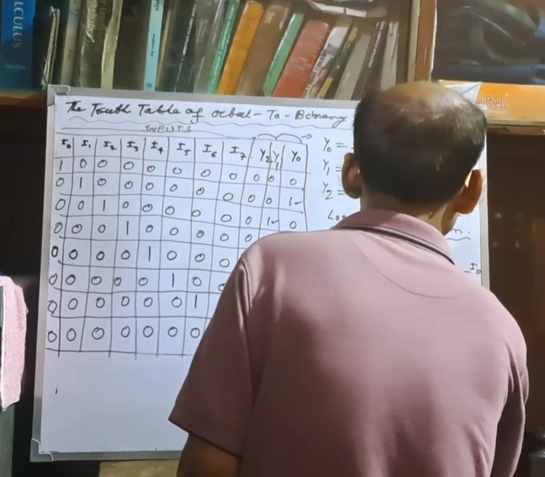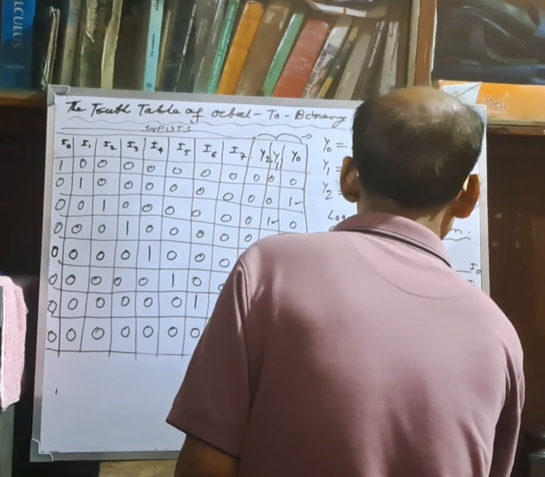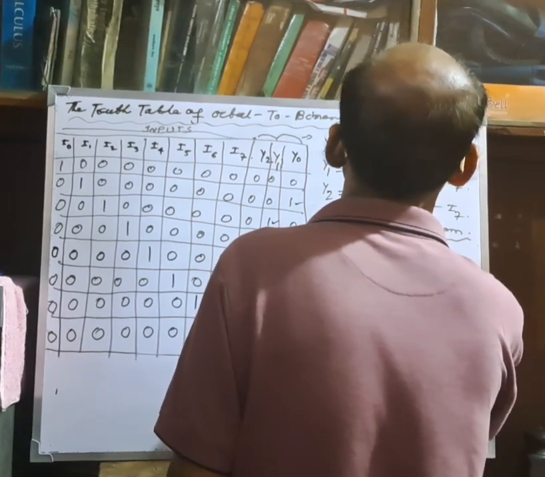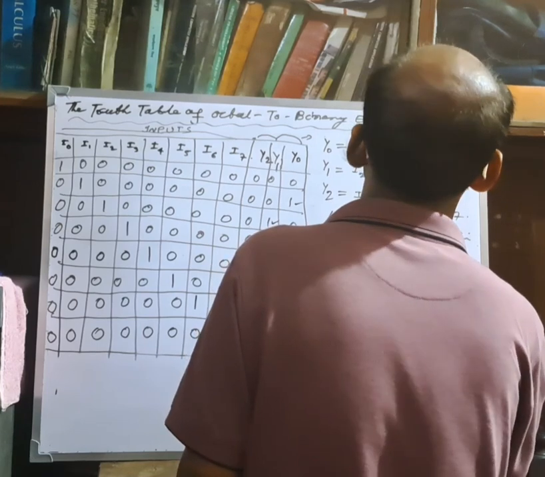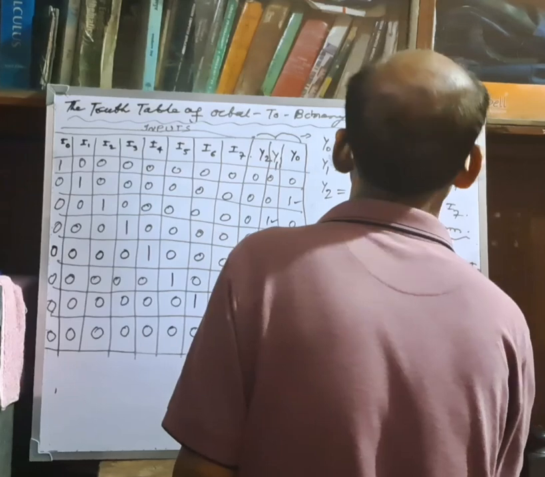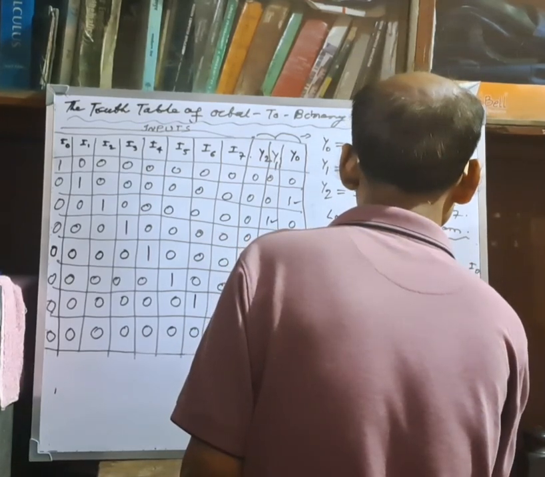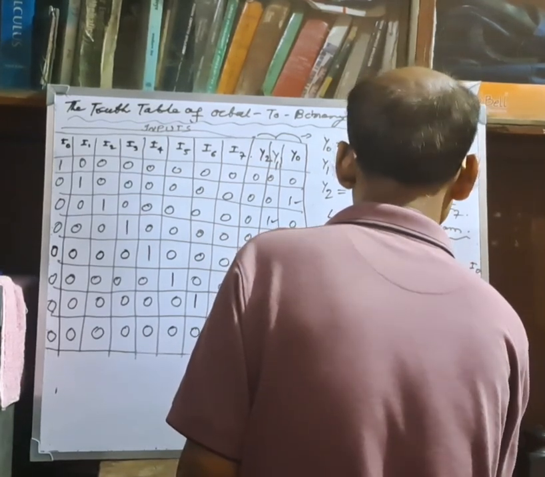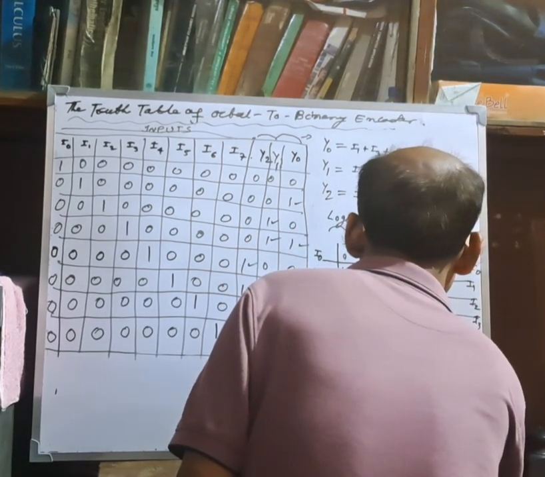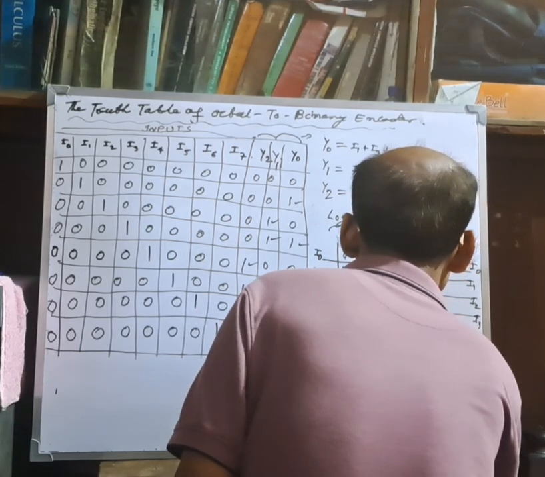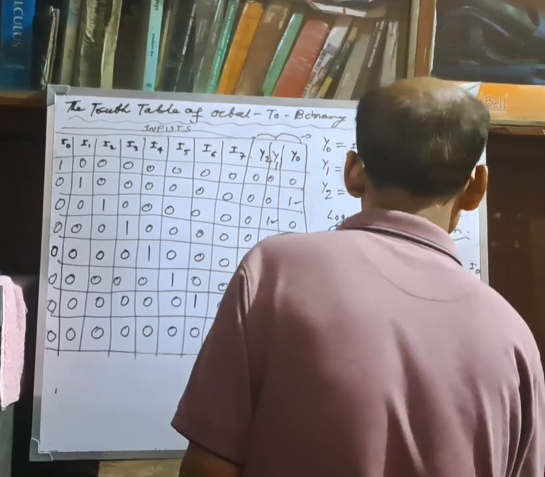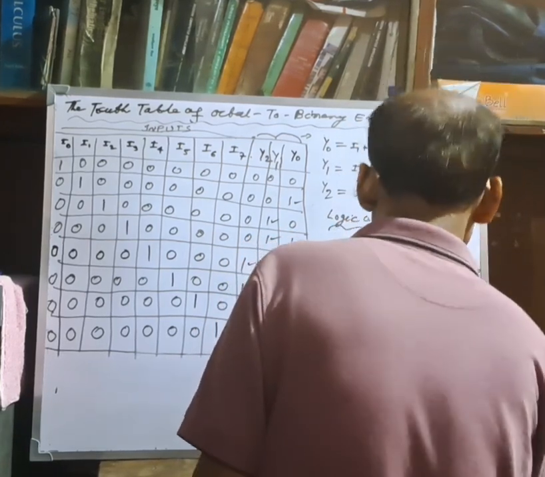Oh, okay, this was the third line. I2, this is I2, this is I3, this is I6, this is I6, and this is I7.